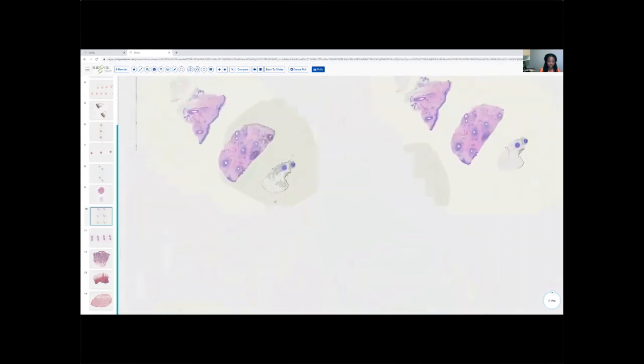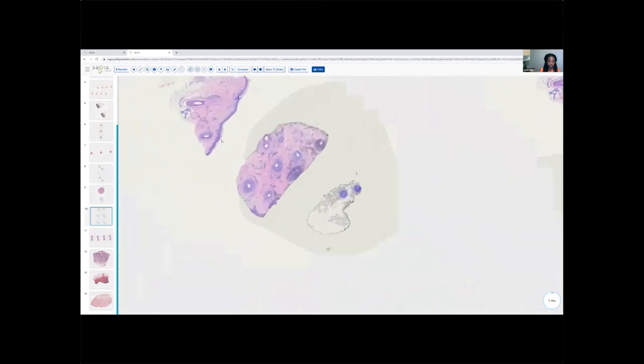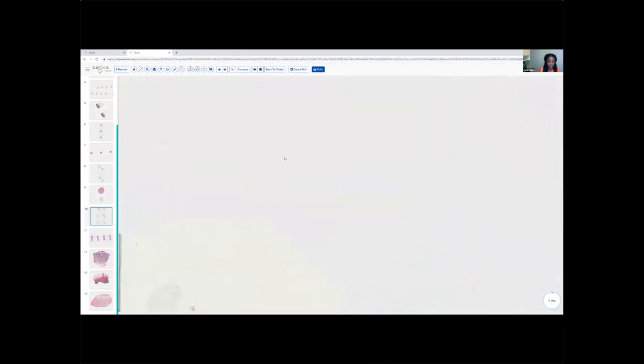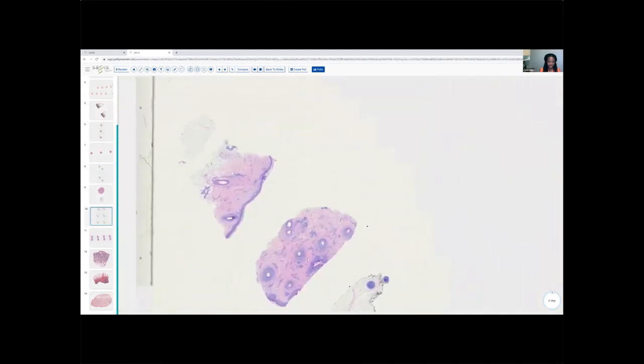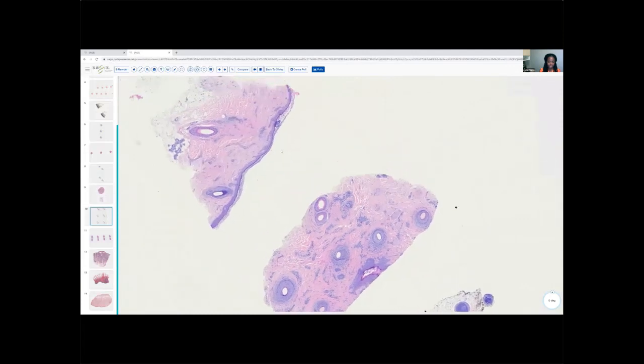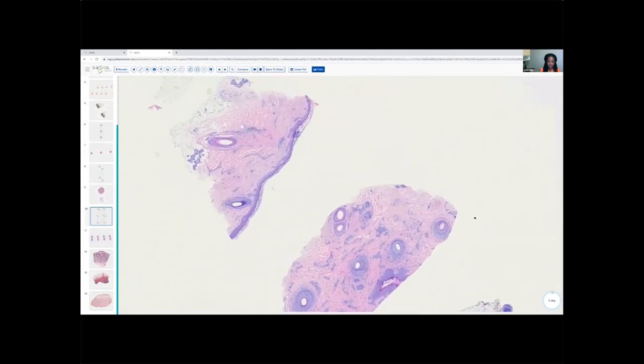Okay, so really, for all intents and purposes, histologically, essentially the same diagnosis. So this happens to be a case of frontal fibrosing alopecia.